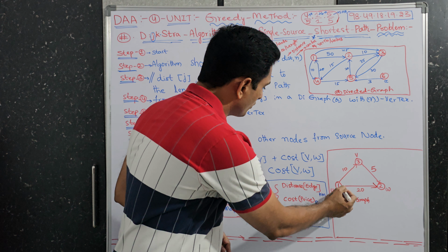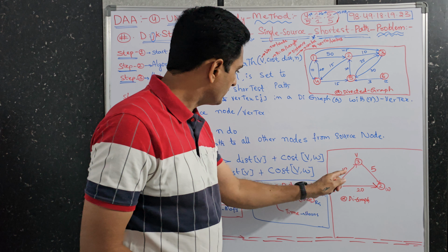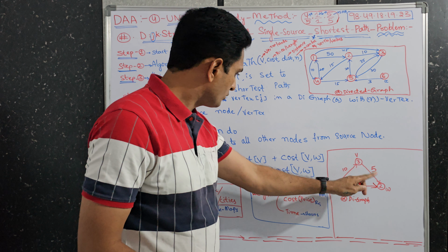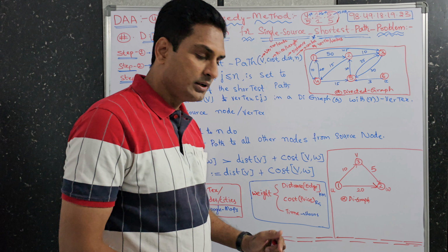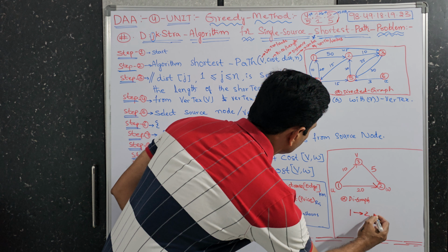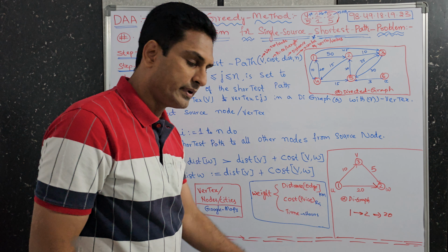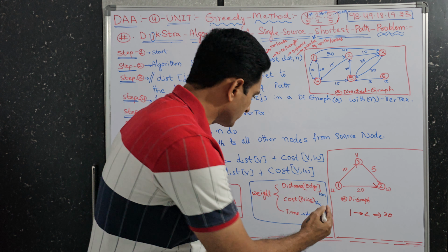Via 3, we can go to city 2. 1 to 3, the distance is 10, and 3 to 2, the distance is 5. So 1 to 2, the actual direct distance is 20. This is the direct way, so we need to find another path.